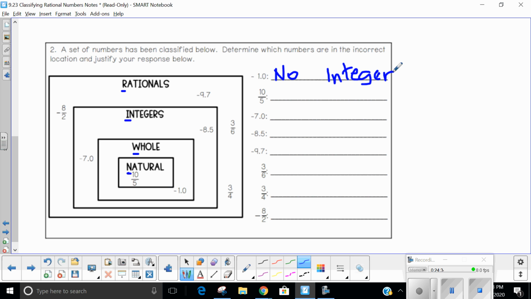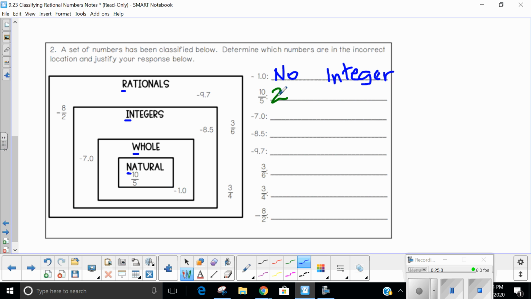Okay, so now let's look at 10/5. Now, whenever you have a fraction, you want to check to make sure if you can convert this to a whole number. So 10/5, remember, fractions are little mini division problems. So 10/5 equals 2.